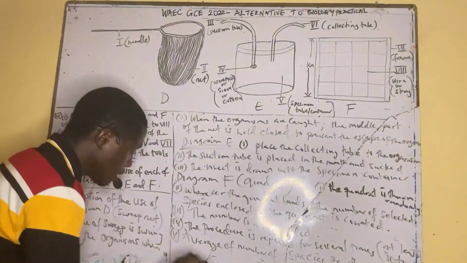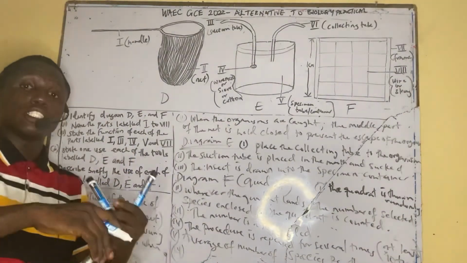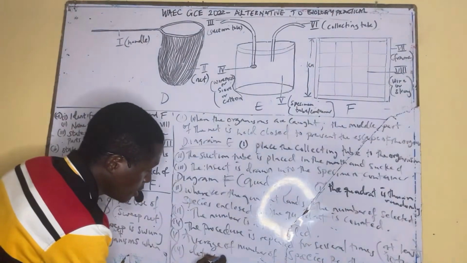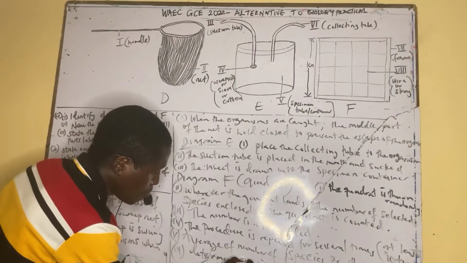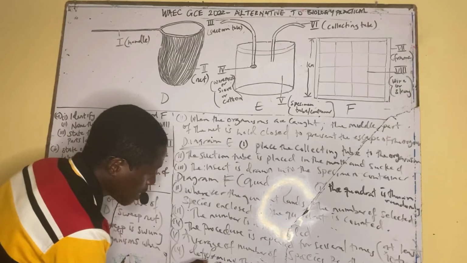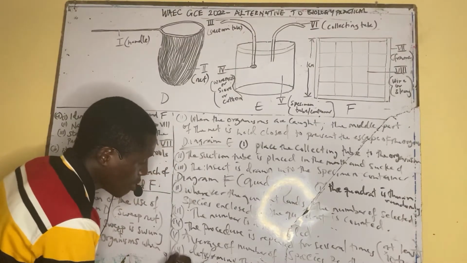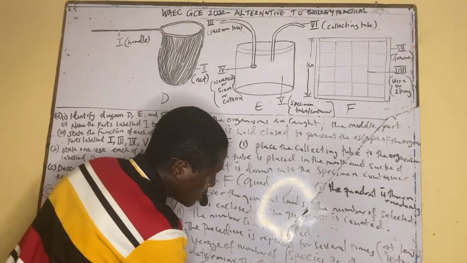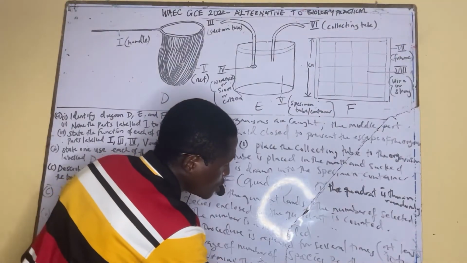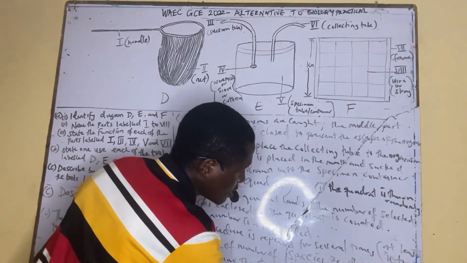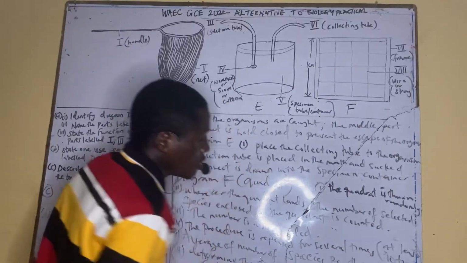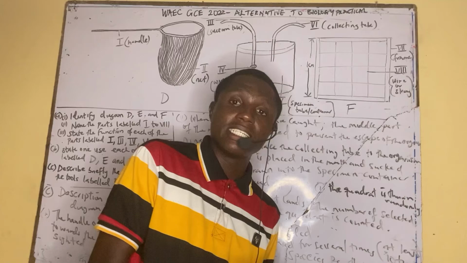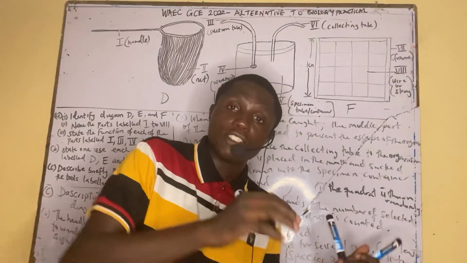And lastly, you can also determine the percentage of the species covered. Determine the percentage of the species or the area covered.